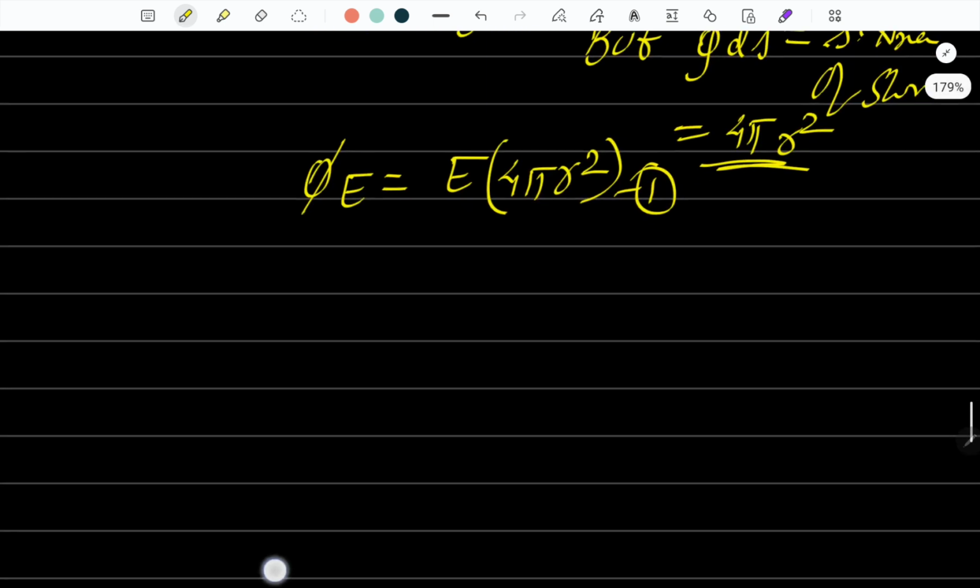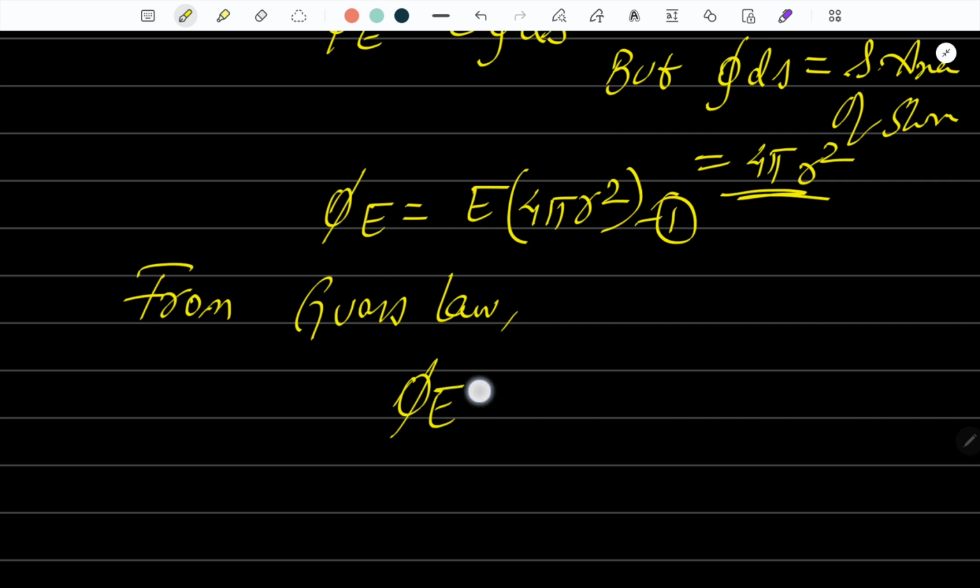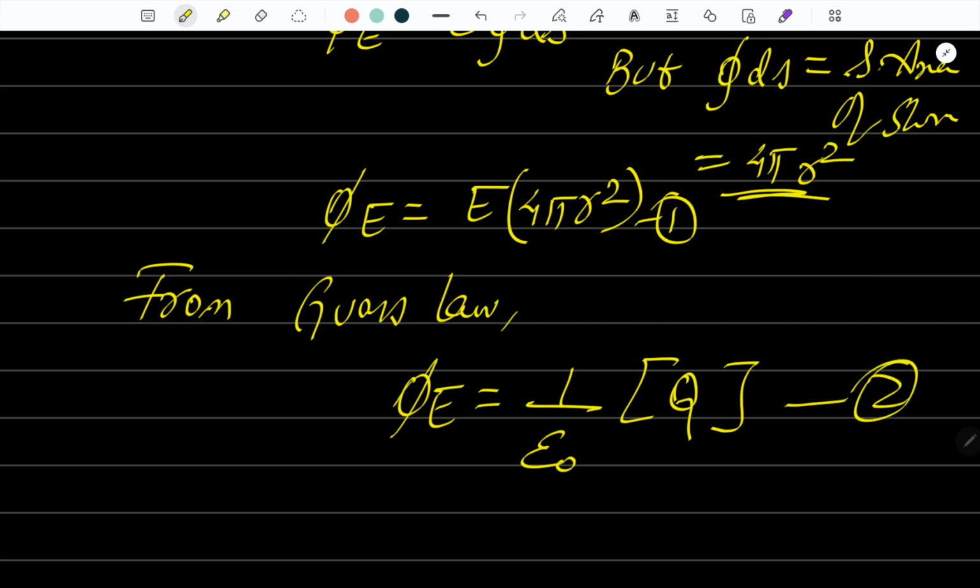With this let us move forward. The second equation we write from Gauss law. Electric flux is equal to 1 by epsilon naught times the net charge enclosed, here it is capital Q, as we mentioned in the initial explanation. This will be our second equation.